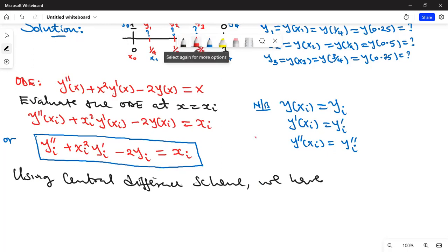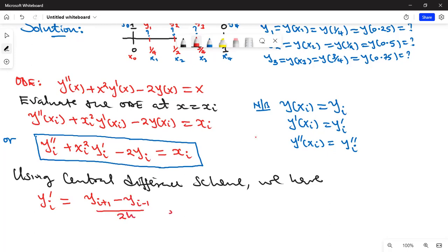Let's start with the first derivative. yi prime is the same as yi plus 1 minus yi minus 1, everything over 2h.